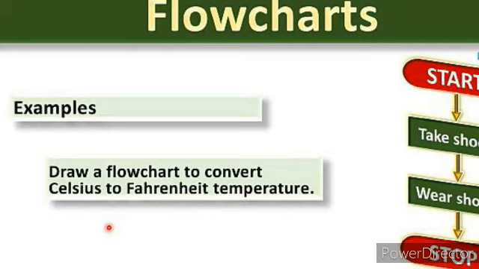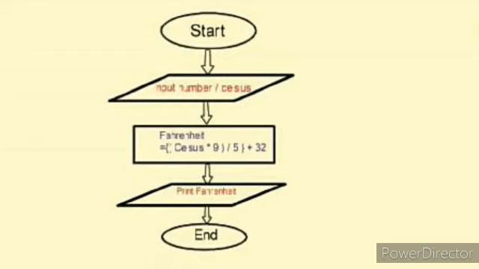Let's see. To draw a flowchart of this problem, first of all, we have to start our flowchart by using the terminal symbol, and after this we have to show our flow from up to down.